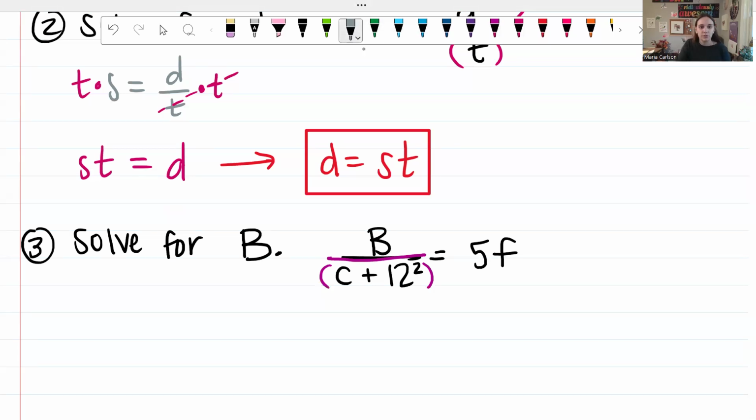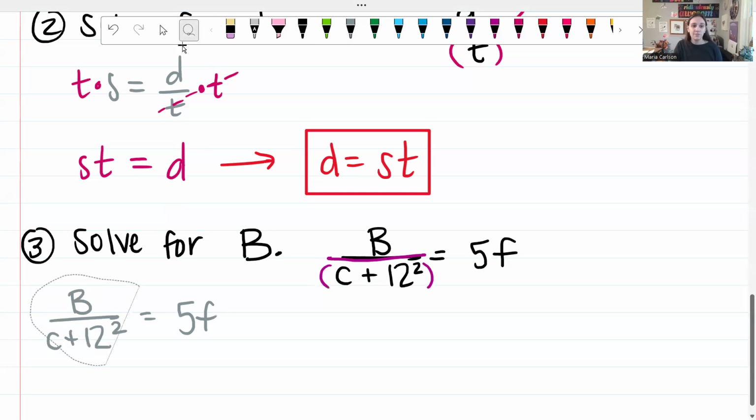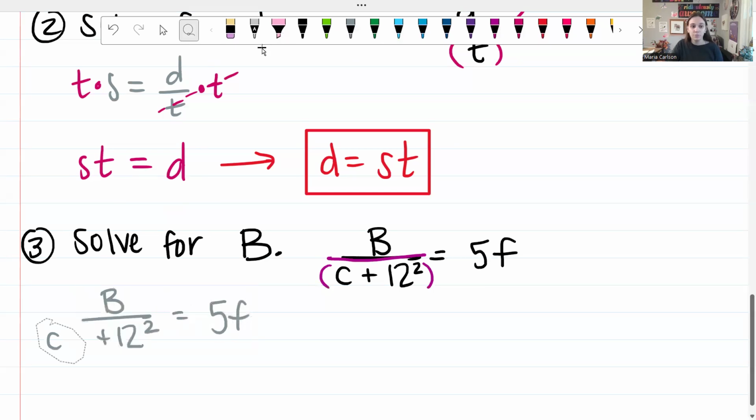So I'm going to write the equation over here again because I think that's very helpful for me. So B over C plus 12 squared. This is a lowercase c, by the way, and that is equal to 5F. So to get rid of this denominator, to get rid of this division and get B completely by itself, I'm going to multiply. Now, the weird thing is, what we're going to be multiplying by is the entire denominator.